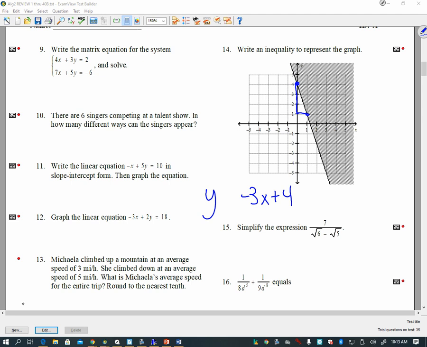Now I have to determine how the inequality works. And this is a solid line, correct? So it should have an equal bar on the bottom. Now, you've got a couple different ways of doing this.